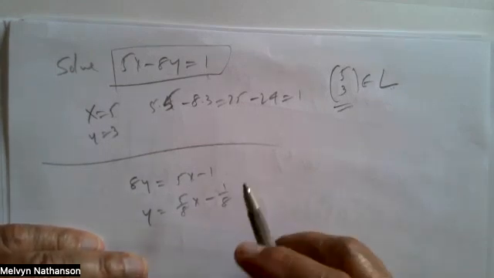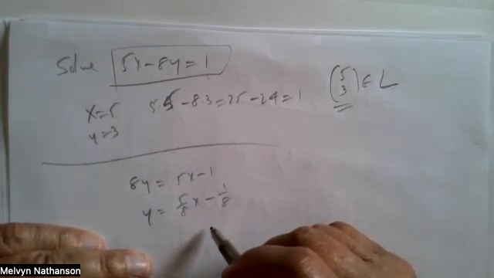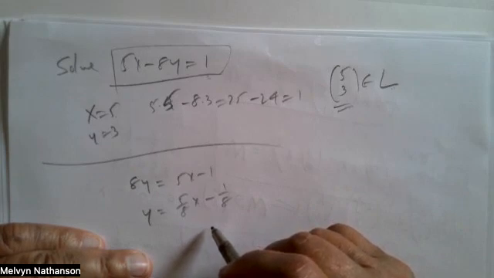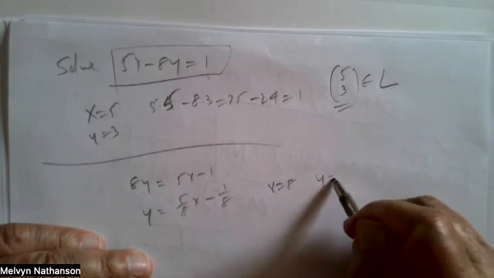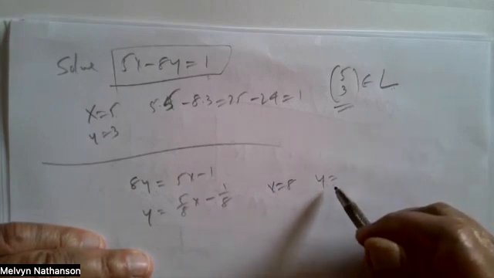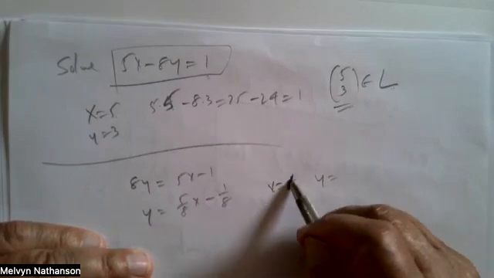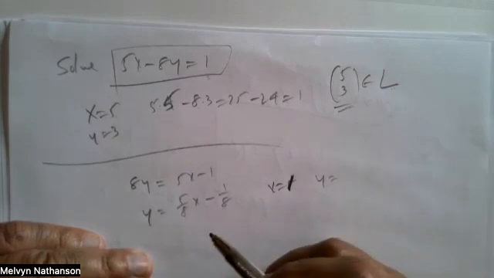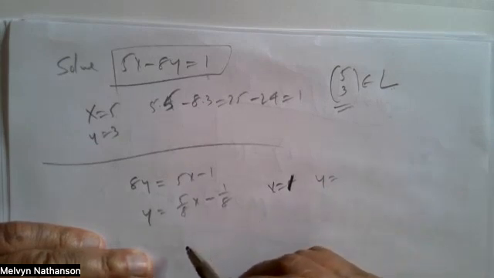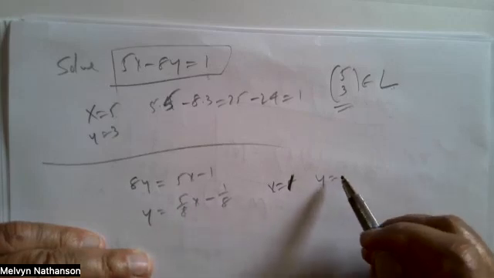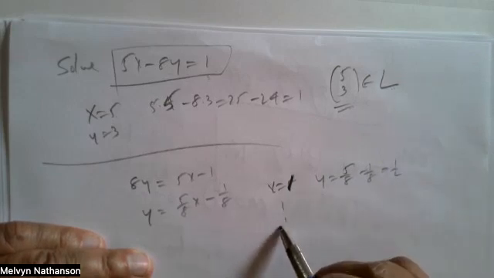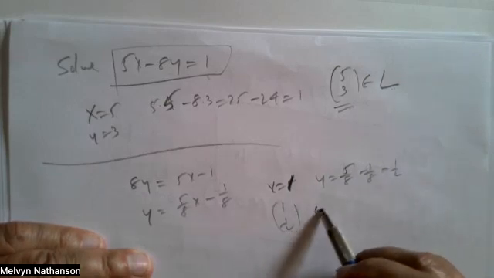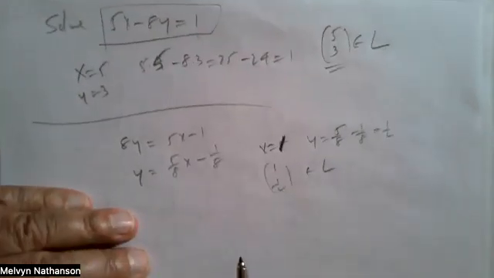So if I took, for example, x equal 1, I would get y is equal to 5/8 minus 1/8, or a half. So (1, 1/2) would be a solution. That would be a solution.